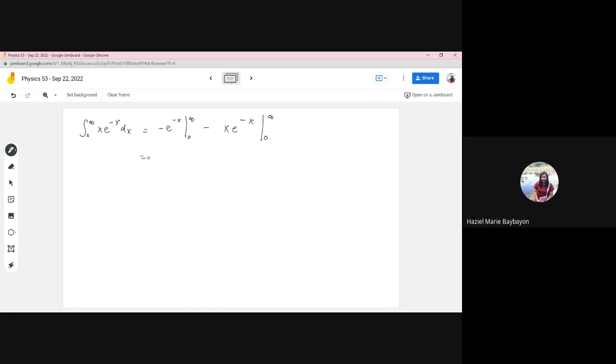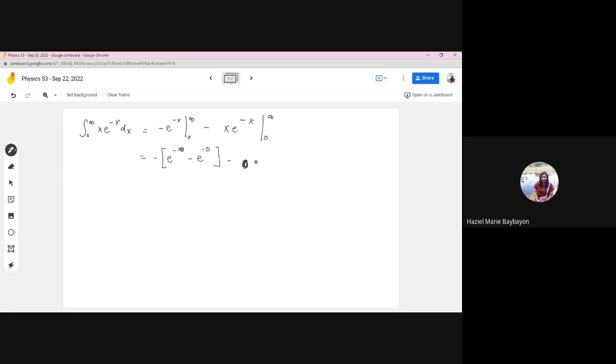So, you have negative of e to the negative infinity minus e to the negative 0 minus x. Ang x di ay class kaya ito na siyang i-multiply pa.